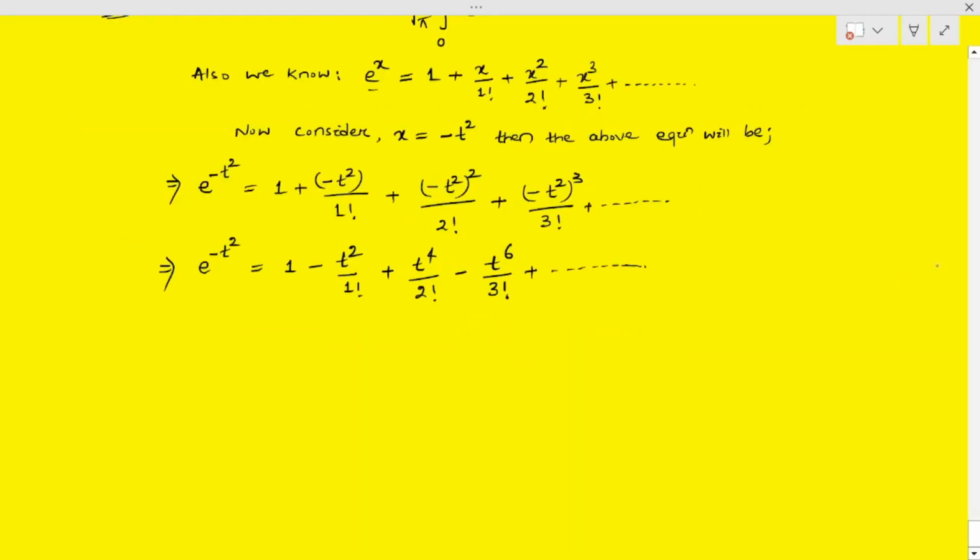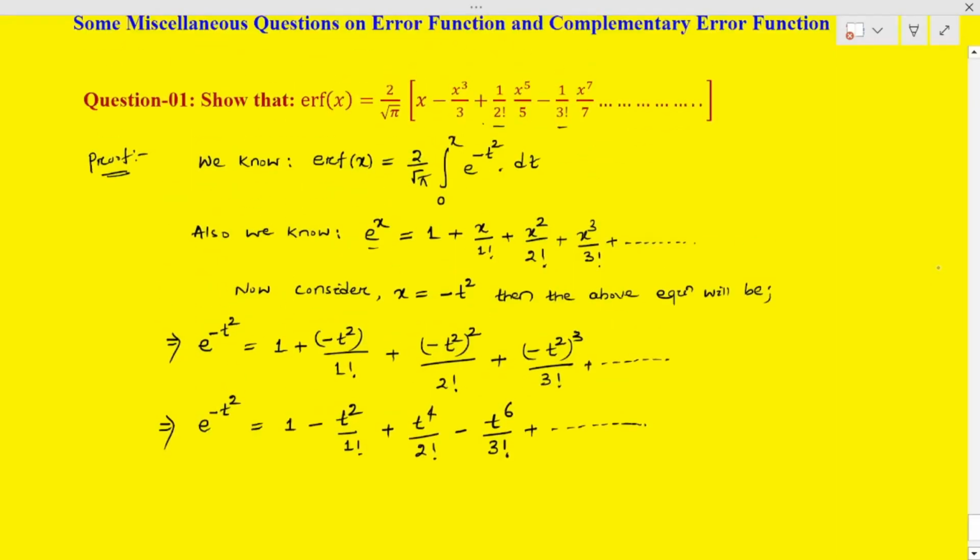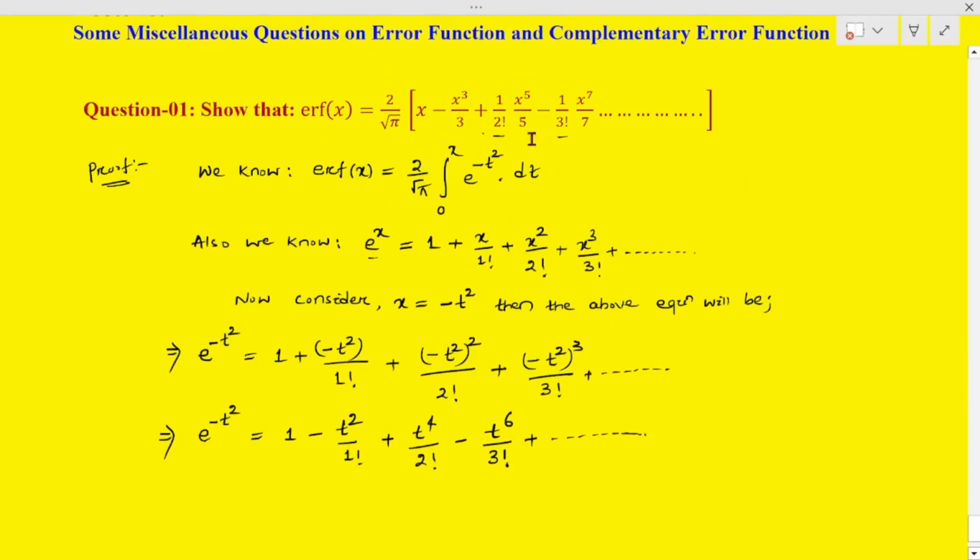Now we have to substitute this expansion of e to the minus t square in this integral, because we want to represent error function of x like this. So instead of e to the power minus t square, I am going to substitute this series.